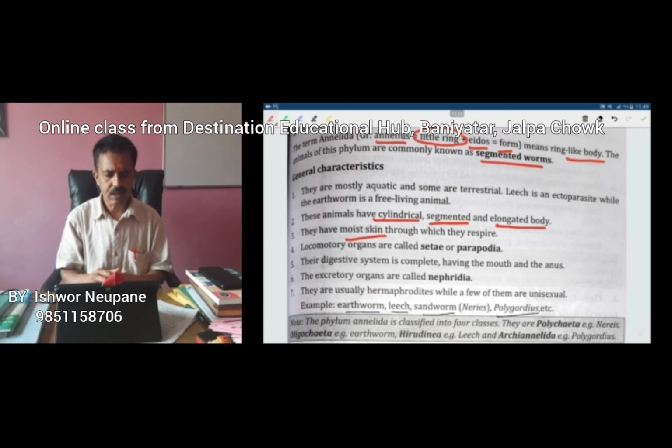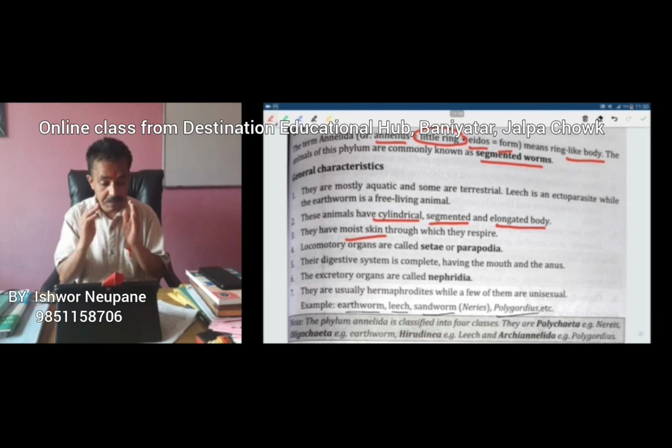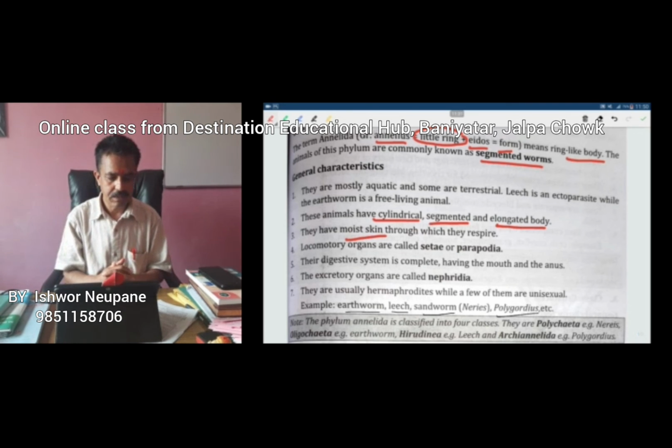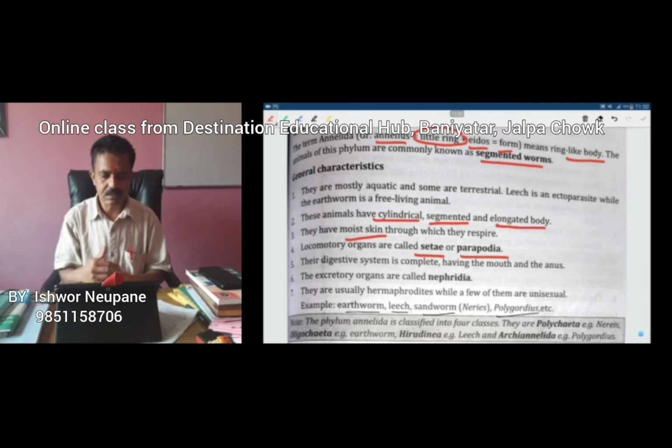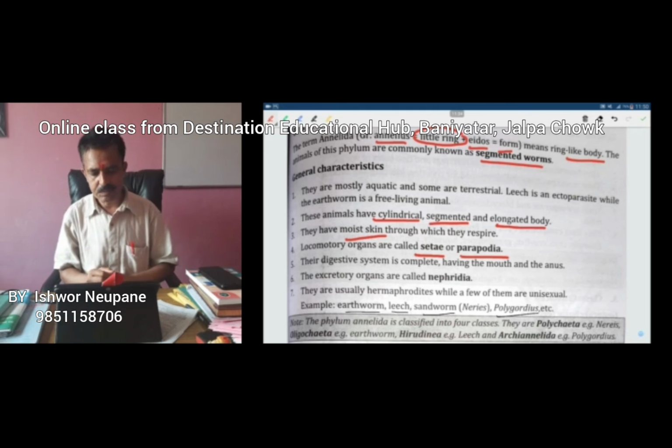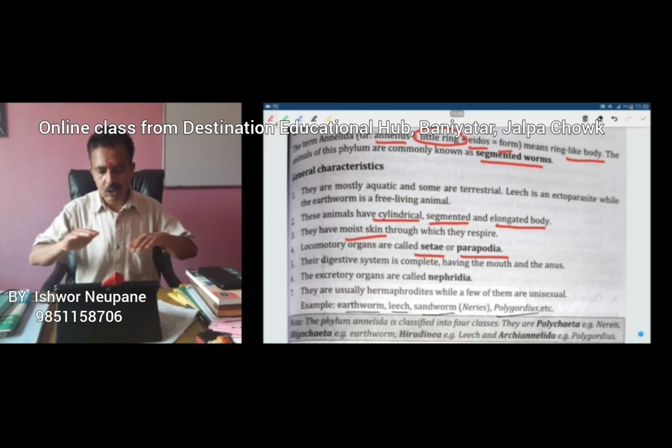Now, students, what are the salient features, the main features of Annelida? They have a cylindrical, segmented and elongated body. Cylindrical like a pencil, segmented containing small ring-like structures, and elongated long body.